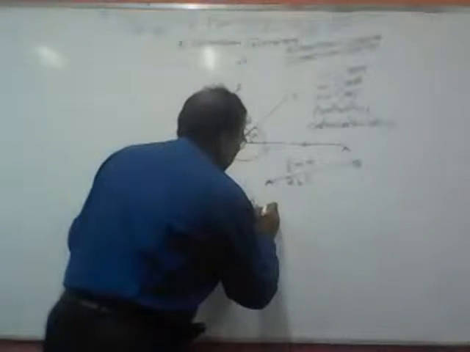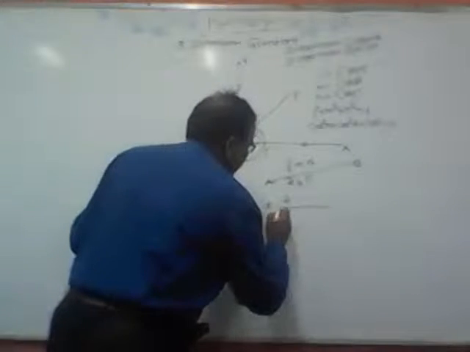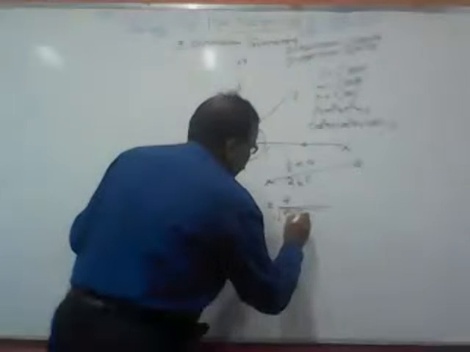L is equal to plus minus a upon under root a square plus b square plus c square.